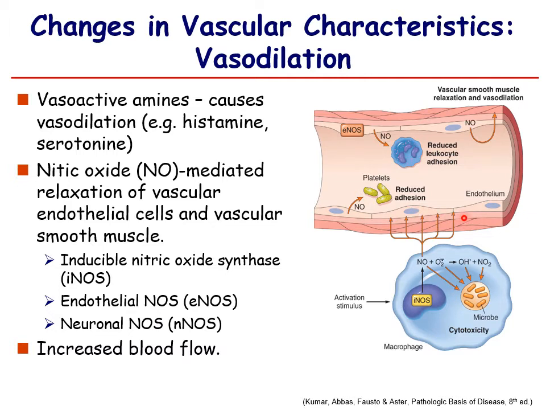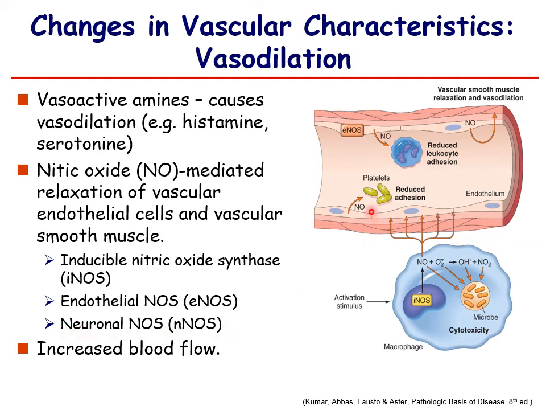Okay, but nitric oxide synthase is not only present in macrophages as inducible nitric oxide synthase. It is also present in endothelium, as endothelial nitric oxide synthase, as well as in the neurons, in the form of neuronal nitric oxide synthase.